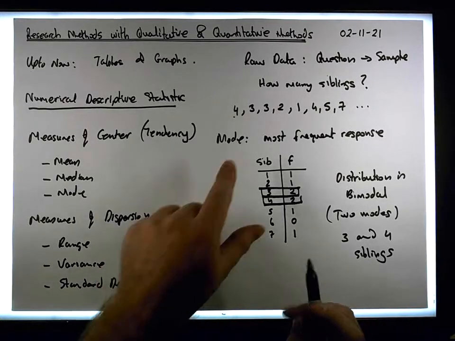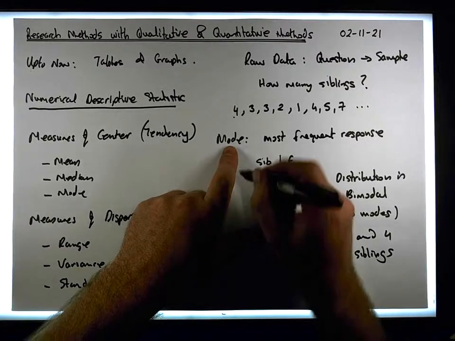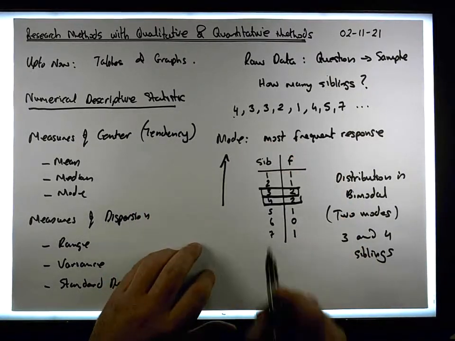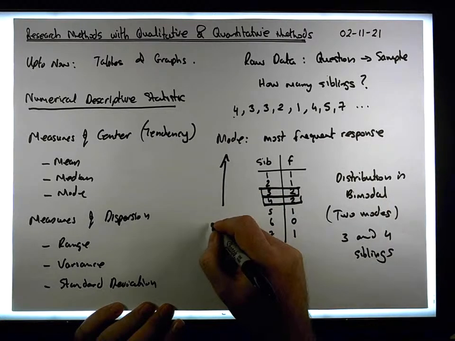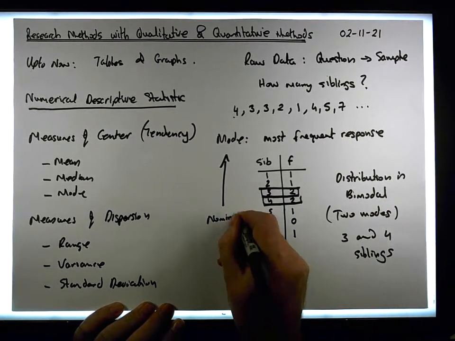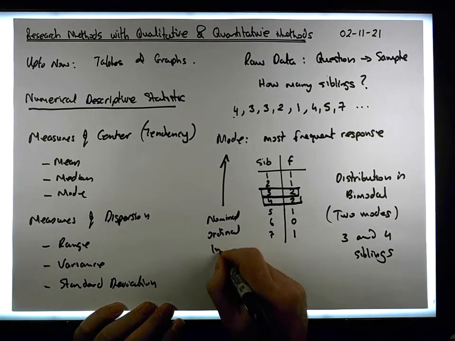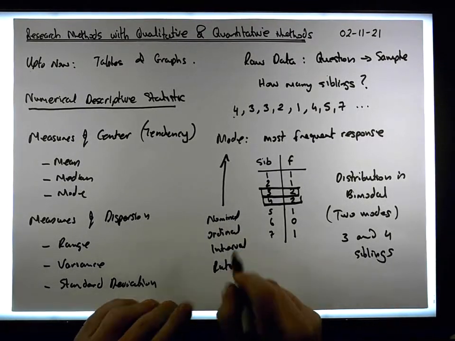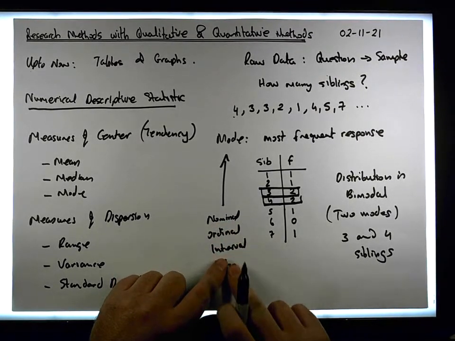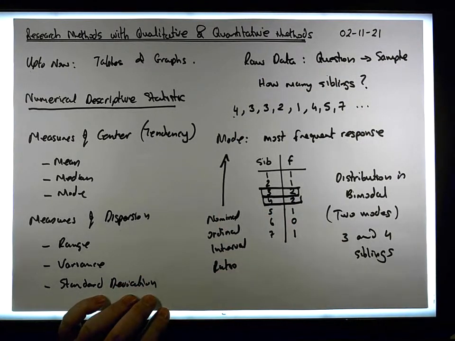So it's a very, very basic statistic. But the important thing about it is that it can be applied across all of our scales of measure, irrespective of whether it's nominal, ordinal, interval, or ratio. Irrespective of which scale of measurement is associated with the variable, the mode can be applied to them all, because it's the most frequent response.